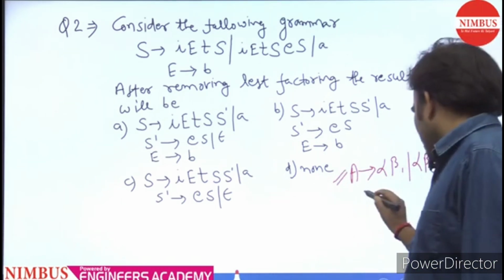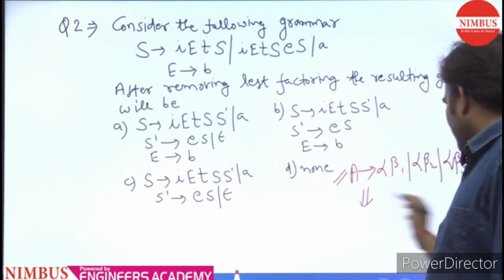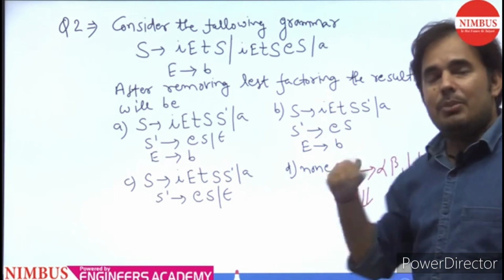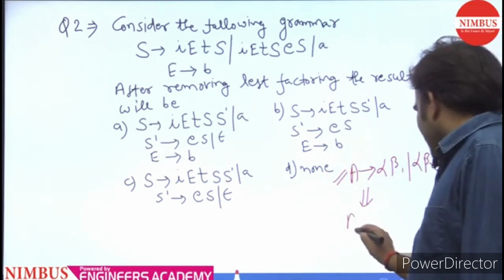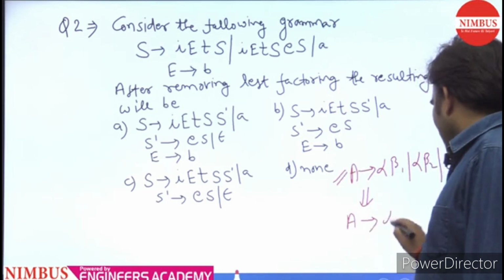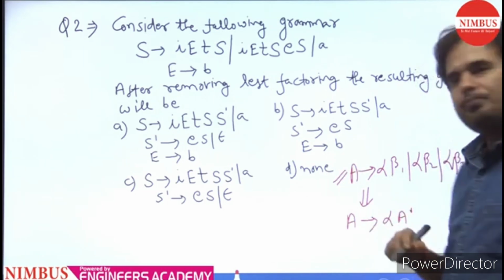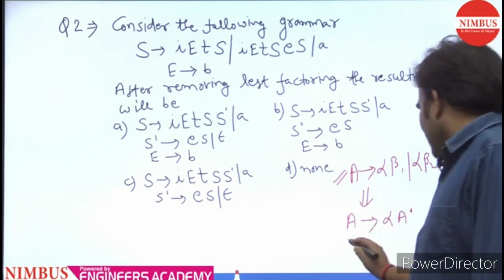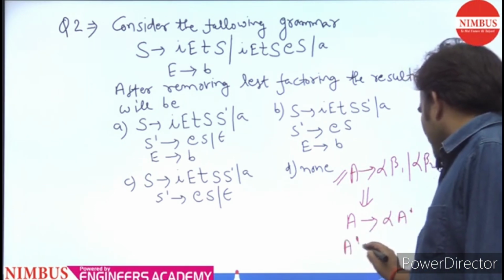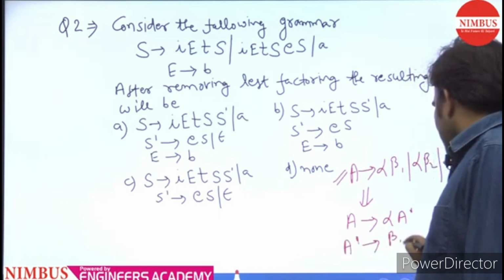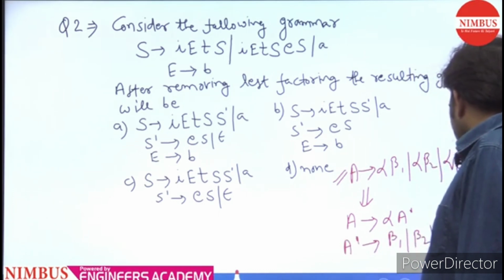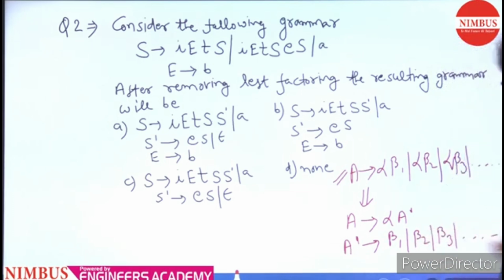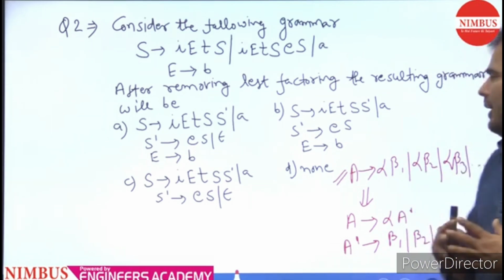And what are these two productions to eliminate the left factoring? Very simple: A tends to alpha A dash, and after that A dash tends to beta 1 | beta 2 | beta 3 | and so on, for as many betas as there are.